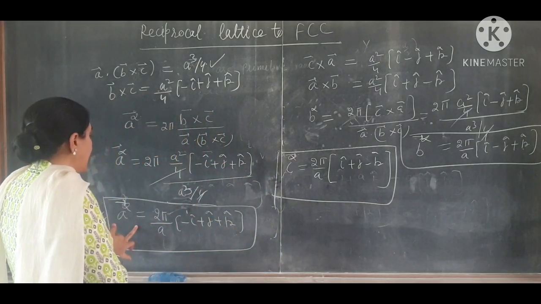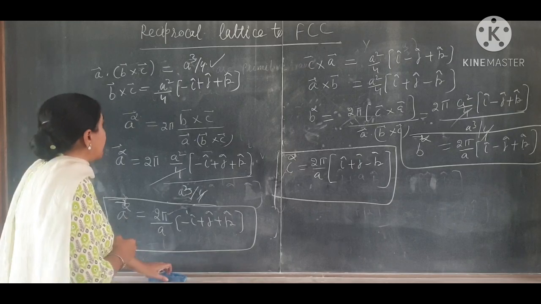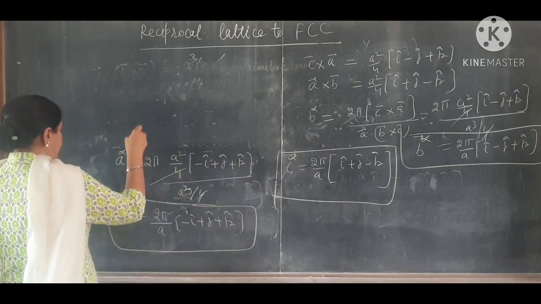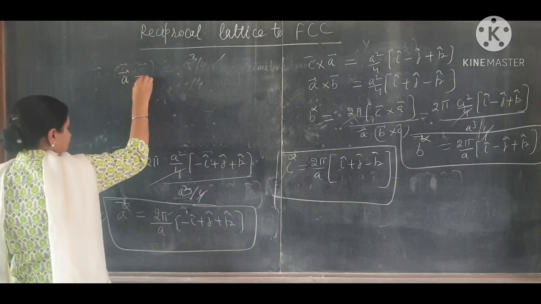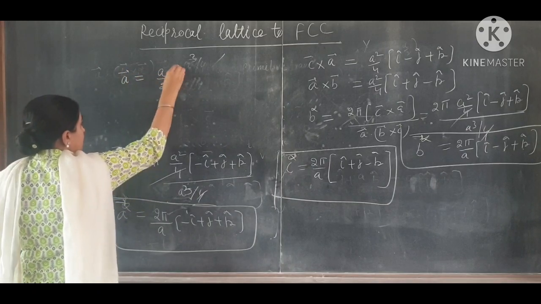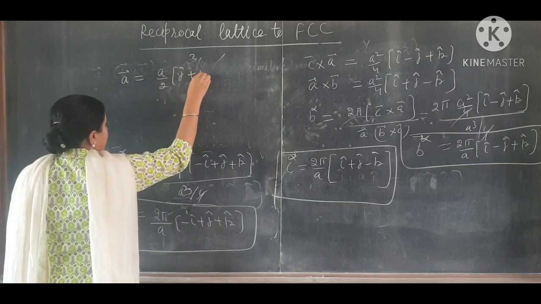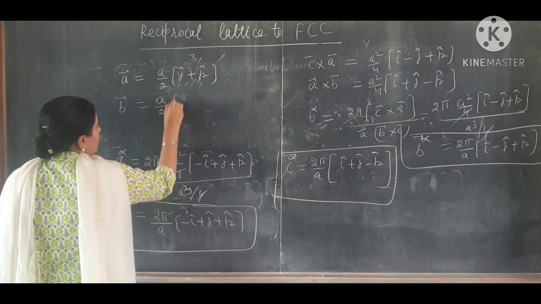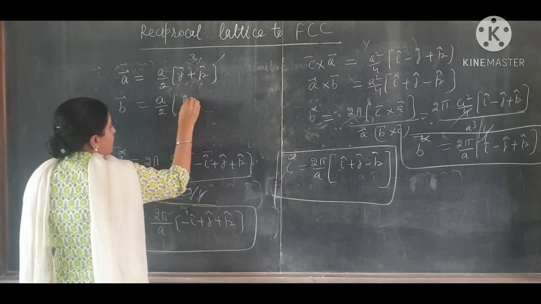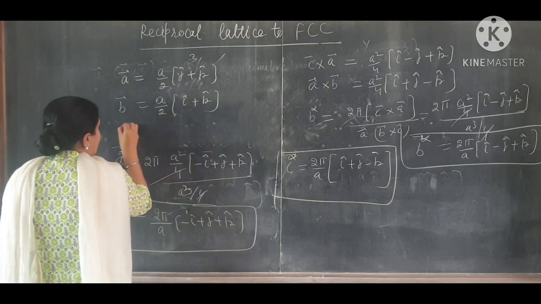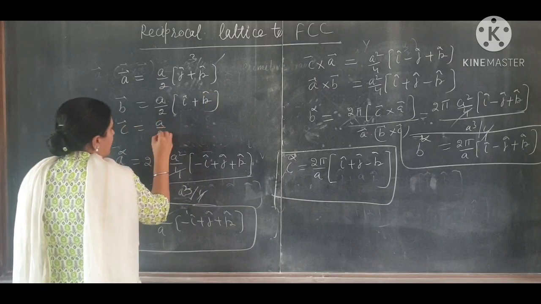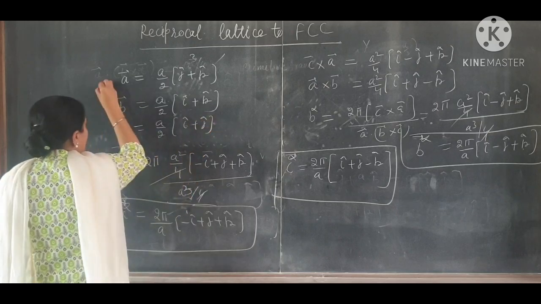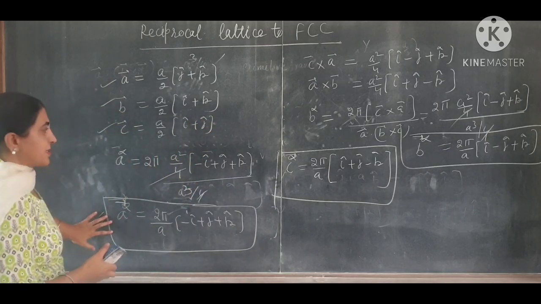Because at the start we found that for FCC, a vector is equal to a by 2 j plus k, and similarly b vector is a by 2 i plus k, and c is a by 2 i plus j. We start from these and we get these. Clear?